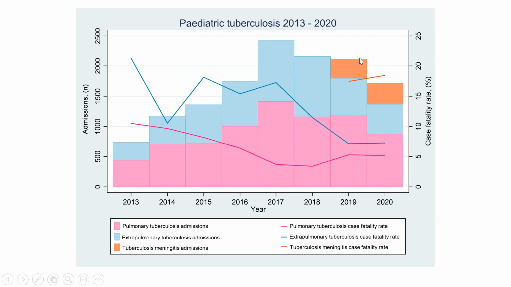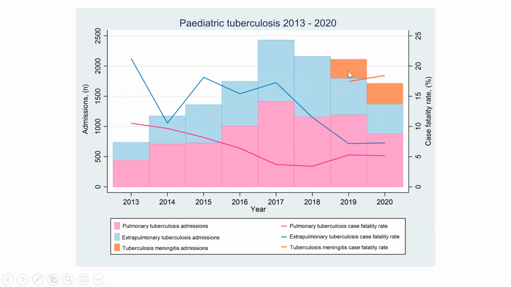The total of the bar is the total numbers of children with TB of any sort. And I've divided it up into those children. The pink is the children that had pulmonary TB, and the blue is children that had extrapulmonary TB.